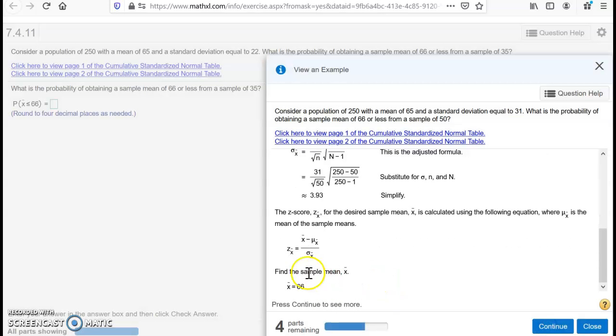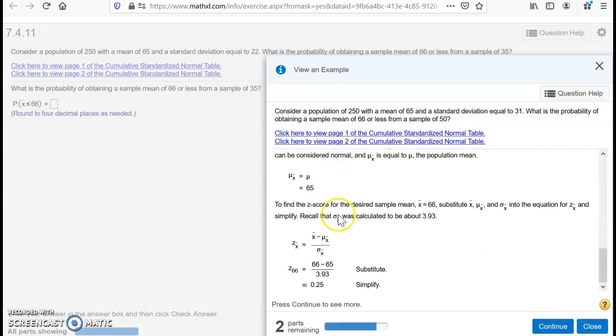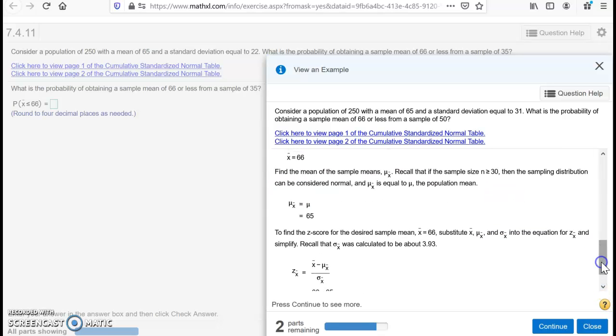So let's keep looking. When they give you the mean in the problem, this is important. If the sample size is greater than or equal to 30, which it is in our situation, then you can assume that the sampling distribution is normal.